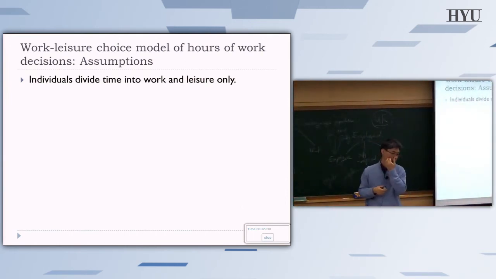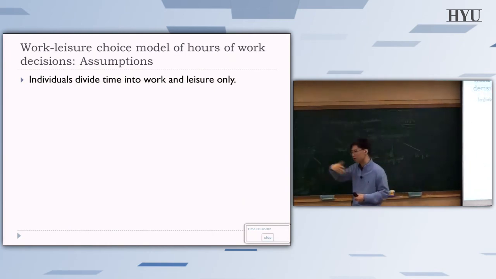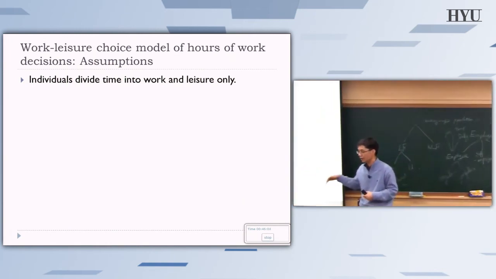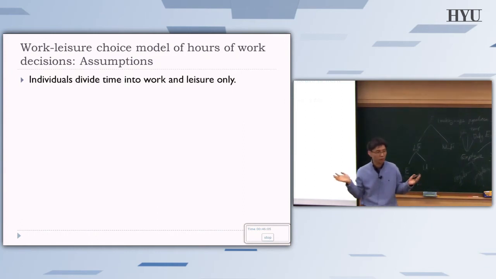Sometimes people have a third one, essential activities, like sleeping and eating. If you don't do this, you die, or you cannot function. Then the time for these activities, sometimes people just subtract from 24 hours, like 10 hours for these essential activities, so we have 14 hours a day.